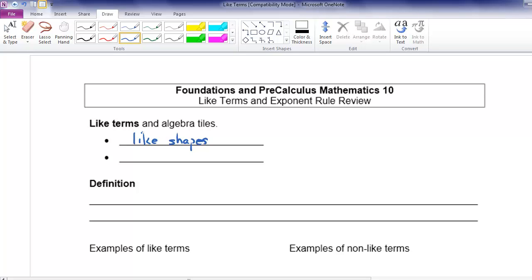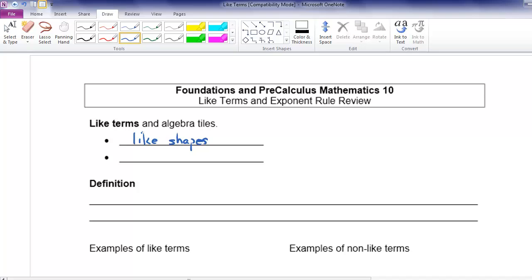So we could only combine like shapes, squares and squares, rectangles and rectangles. But the other thing that was important, we couldn't combine big squares, the x squared tiles, and the little squares, which were the unit tiles.